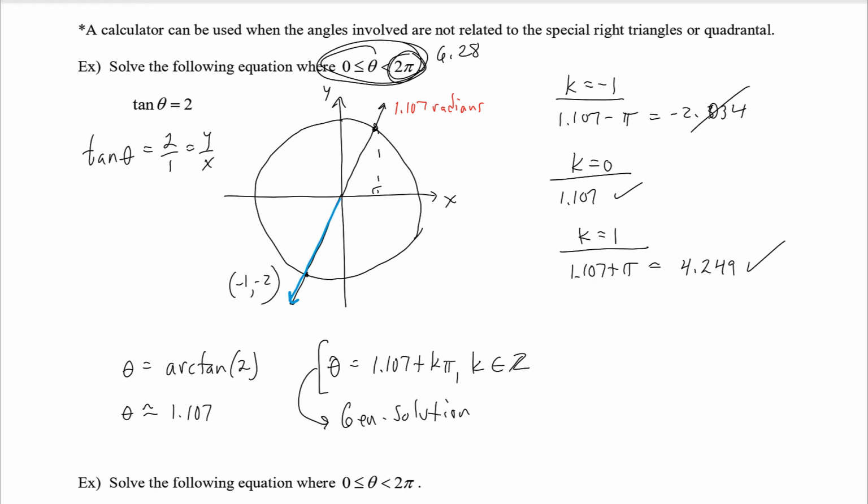So any answer I get that's less than 6.28 is less than 2 pi. I don't want to plug in a 2 here because 2 pi plus this would be bigger than 2 pi. So my answers are 1.107 radians and 4.249 radians. You can switch them to degrees if you want, if you're curious how many degrees that is, but the answer was supposed to be in radians according to the directions, so that's what we'll do.